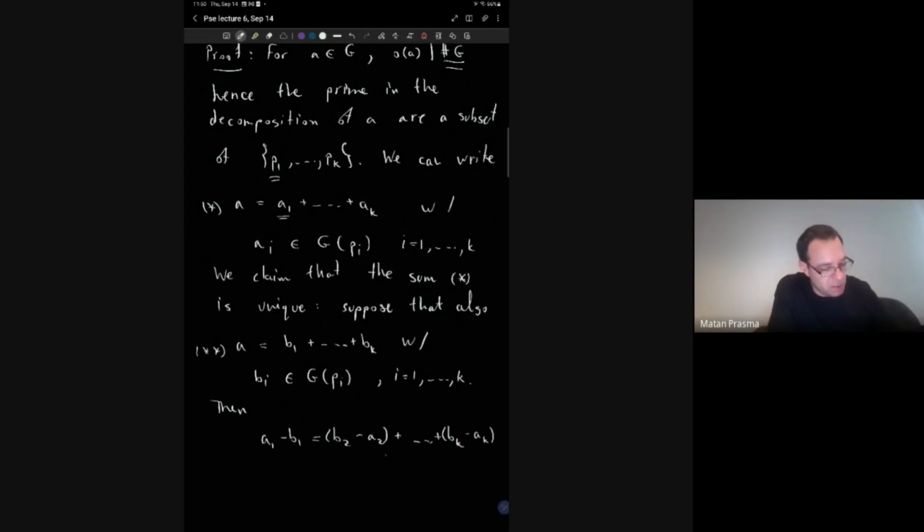Now this element, a1 minus b1, is a difference of two elements in G_{p1}, and G_{p1} is a group. So this is an element in G_{p1}. Similarly here, the direction is reversed, but it doesn't matter. It's still an element of G_{p2}. And so on. This last one is an element of G_{pk}.